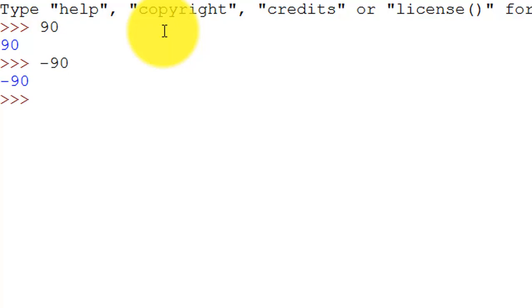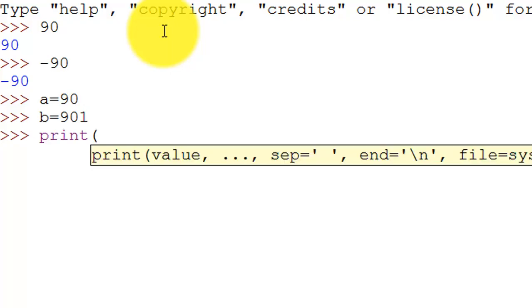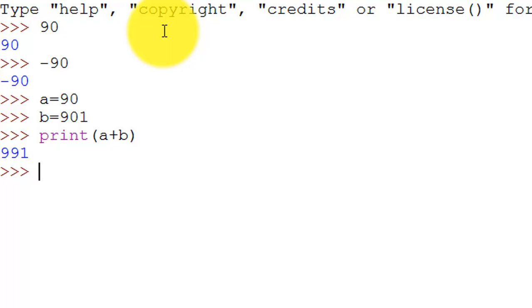Now if I store values in a and b, my two variables, say 90 and 1, and use a plus b, the result will be 91. Similarly, if I say a multiplied by 2, you can see I'm getting 180.